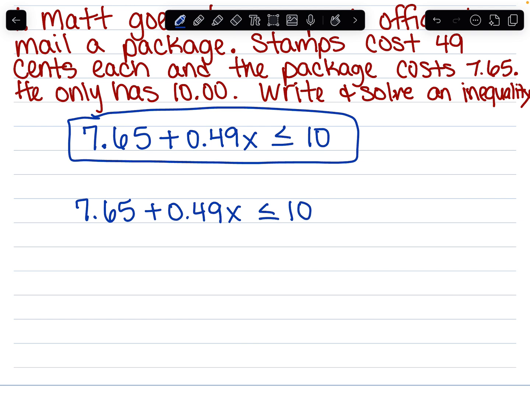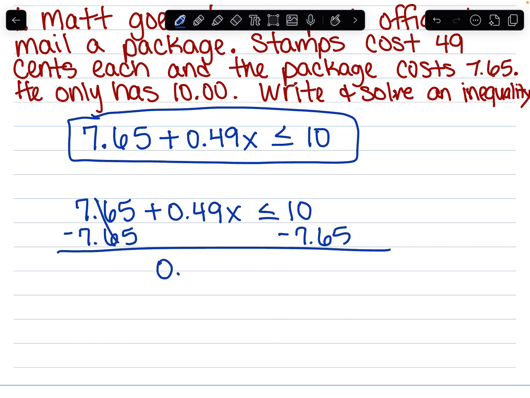Okay, Evan F., can you tell me what my first step would be to solve this for x? Subtract 7.65. Good. We're going to subtract 7.65 from both sides. Because the right side doesn't have variables, so anything else without a variable is going over there with it.